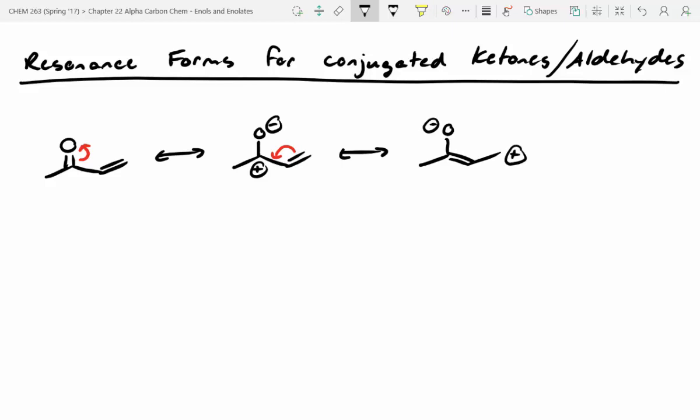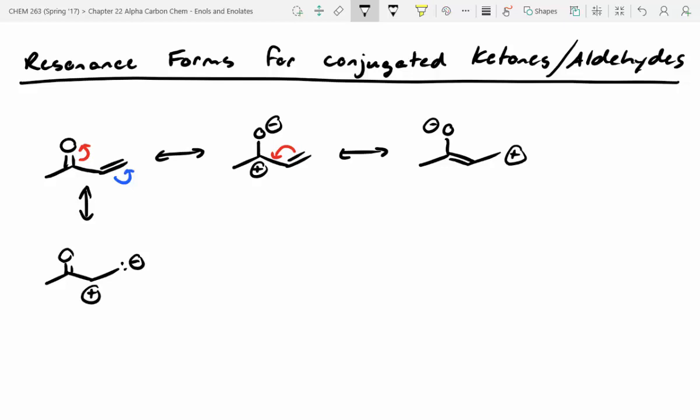Are there any other major resonance structures? What do you guys think? Sometimes people get really tempted to say, well, why not a resonance structure like that? So for example, is this a valid resonance structure?